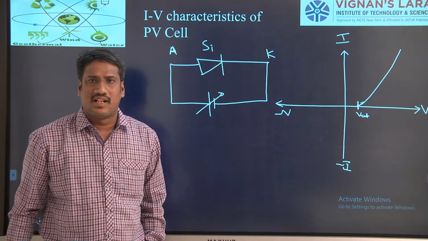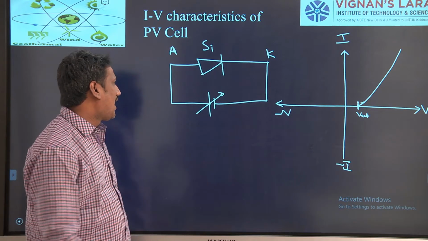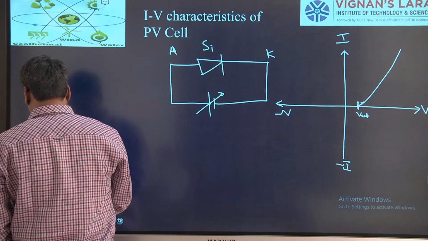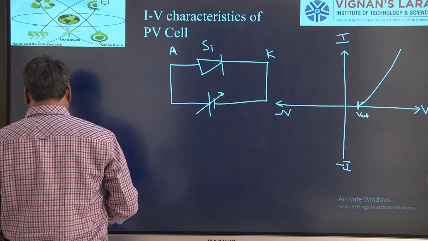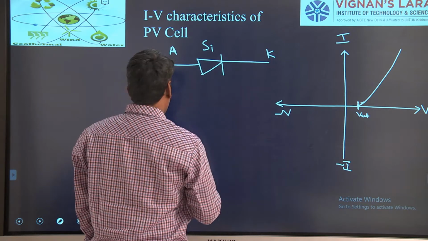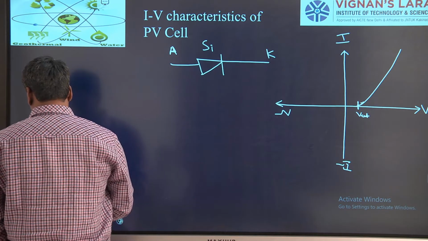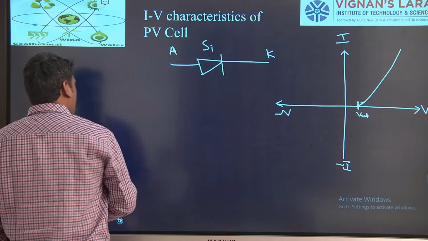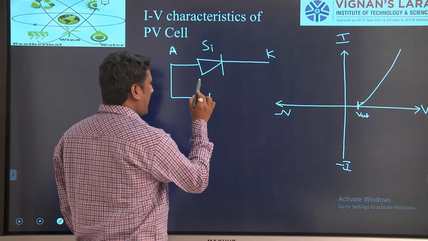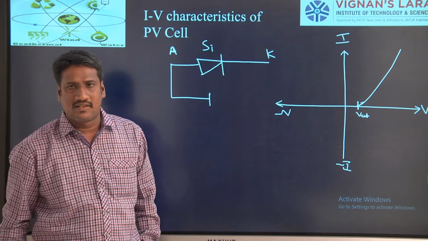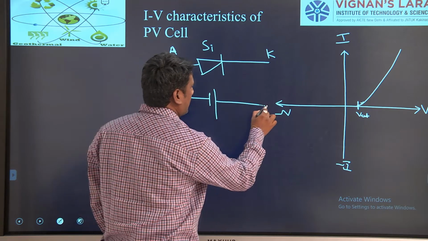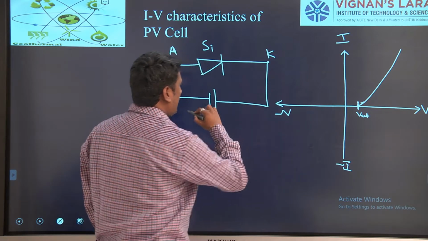Now let us consider the reverse biased circuit. The negative terminal of the supply I have given to the anode, and the positive terminal of the supply I have given to the cathode.